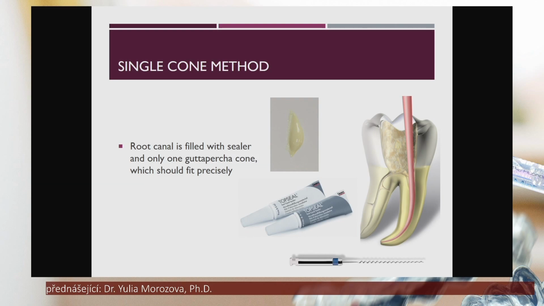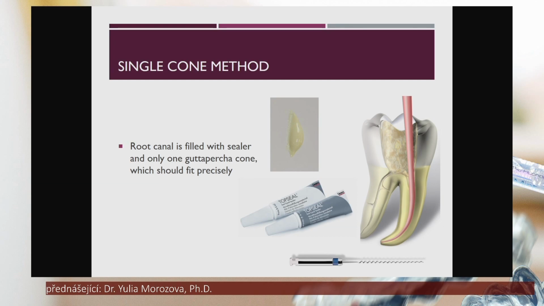Logically, it didn't provide adequate sealing of the root canal system, because the sealer makes up a great part of the filling, and consequently in time resorption of this sealer could occur. A modification of this method that is used nowadays is the so-called single taper method.